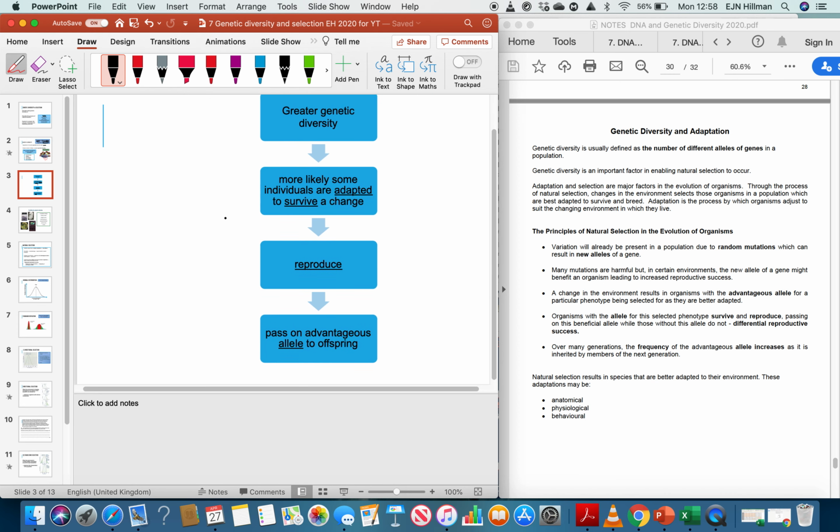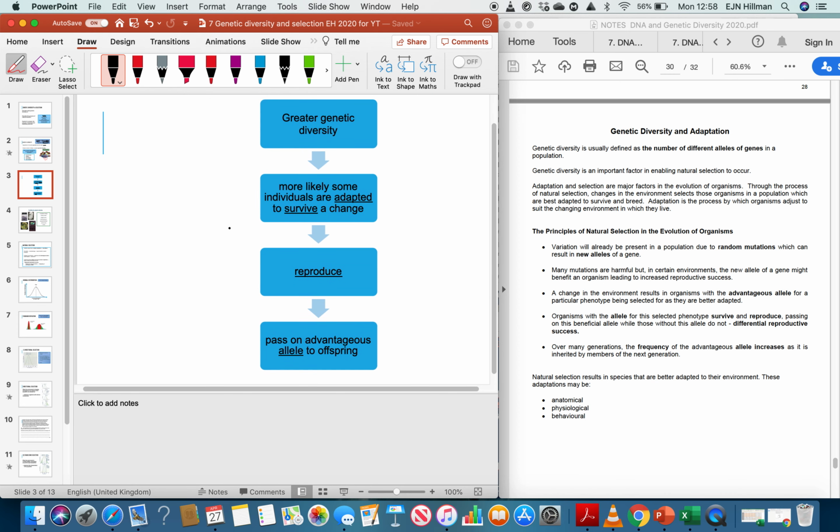Okay, so what is the benefit of that then? Having a greater genetic diversity means that there will be individuals within the population that are better adapted to survive a particular change.